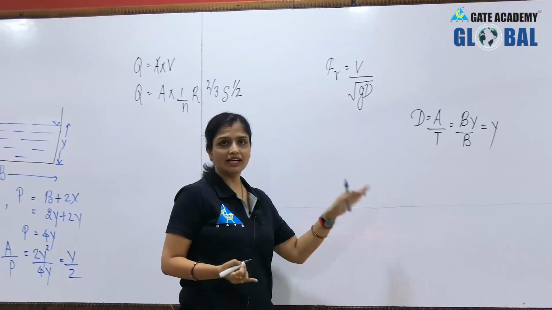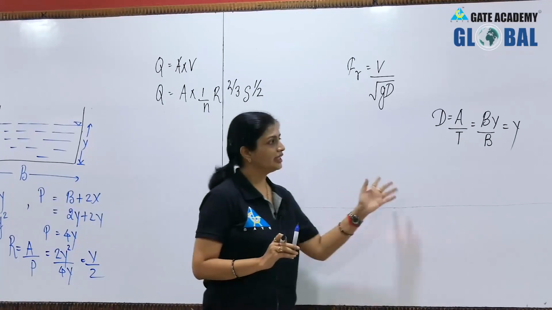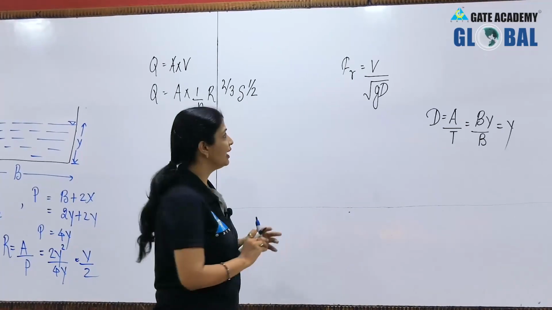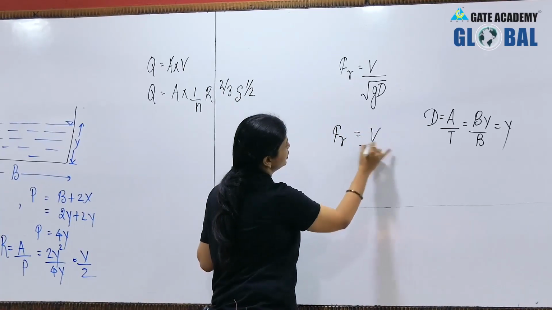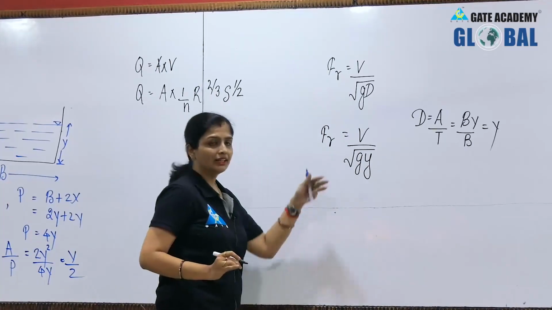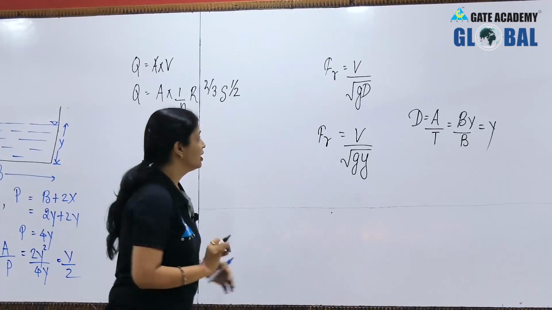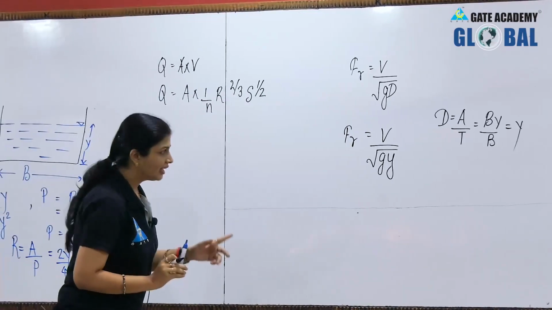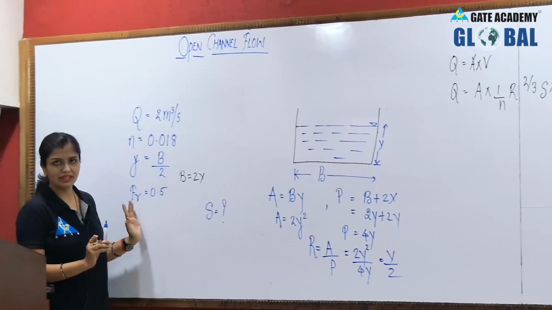Here I derived it again. Now anywhere a rectangular channel section comes, I will write D is equal to y. So Fr is equal to V over root of g y. This is exclusively for rectangular channel section. So now, have I been given the value of V directly? No, I haven't been given.